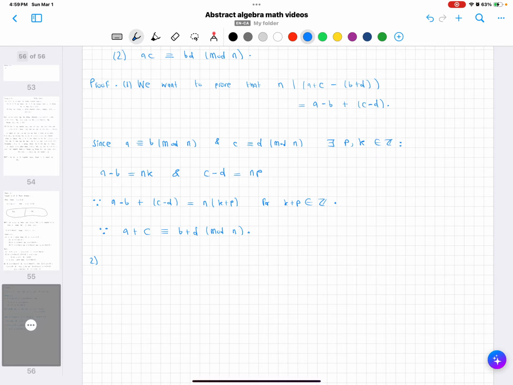Alright, so let's see the second part. It tells you that AC is congruent to BD.